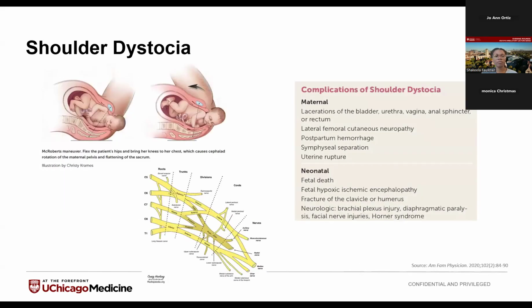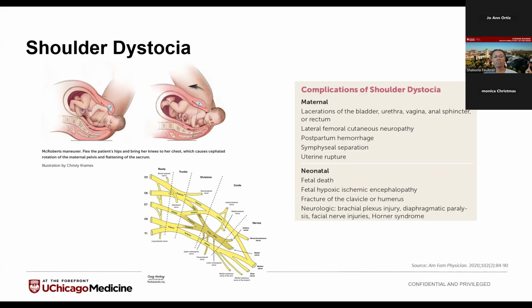So going a little bit more into shoulder dystocia, because one category we talk about a lot is babies being on the bigger side, but it also has to do with the distribution. They tend to hold a little more weight in their shoulders and torso, rather than it being well distributed.